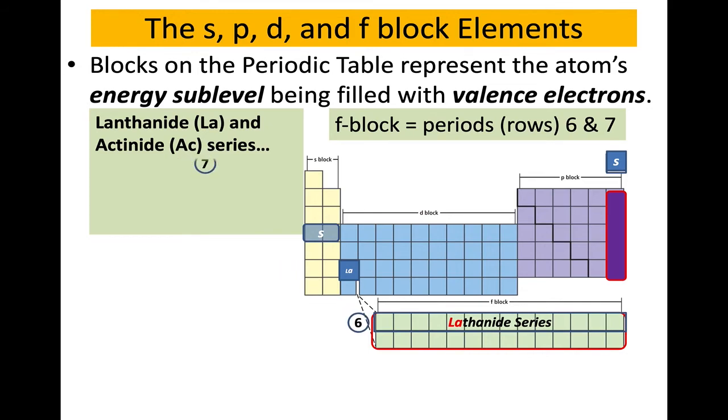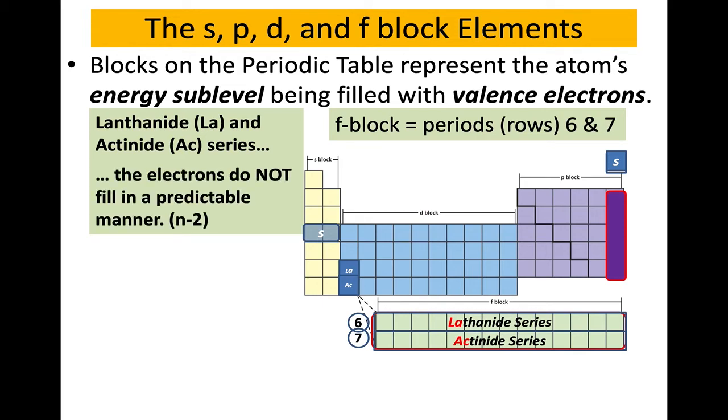It's got 6 rings. And the actinium, which is in the D block, but everything after it through here is the actinide series. That was squeezed in here. It has 7 rings. Those guys in the F blocks, the electrons do not fill in a predictable manner. You'd have to be into AP chemistry or dual credit chemistry before you'd actually be worried about something like this.